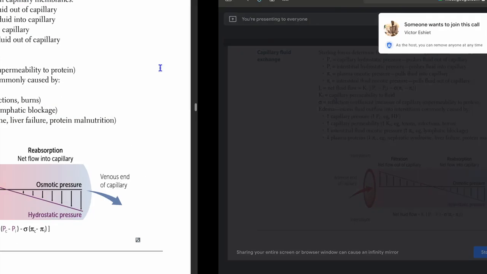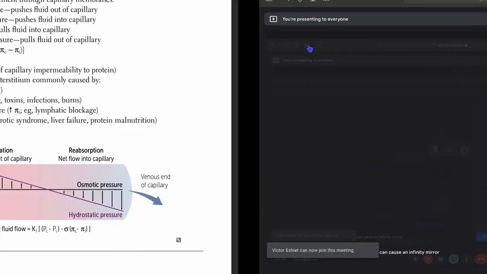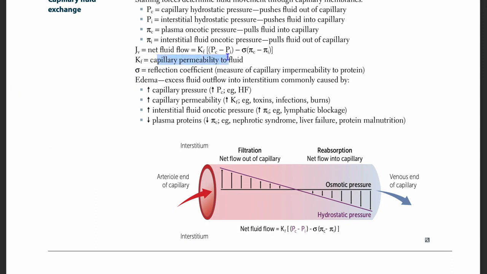Kf is the capillary permeability to fluid, and then you have the oncotic reflection coefficient, a measure of capillary impermeability to protein. Edema is excess fluid outflow into the interstitium, commonly caused by an increase in capillary pressure, which increases the hydrostatic pressure.